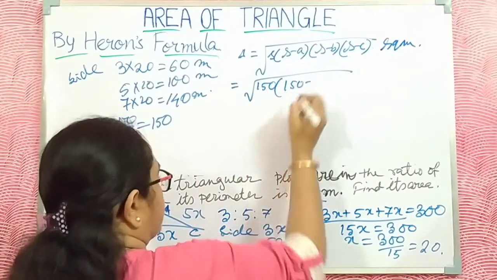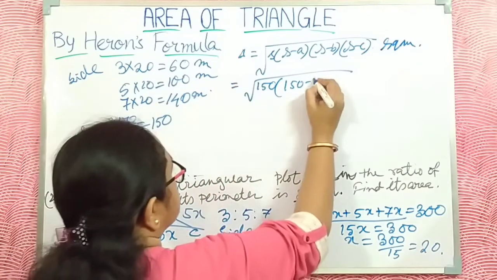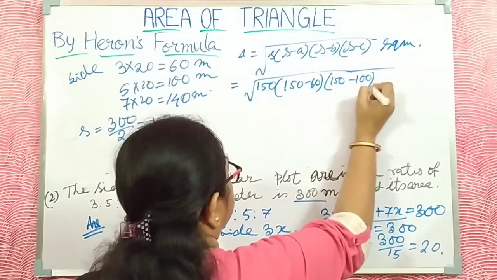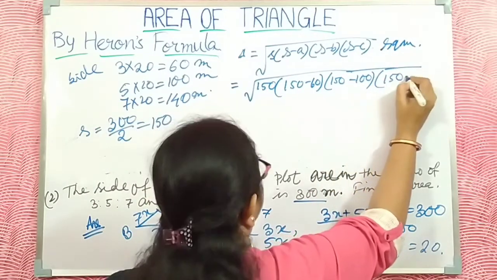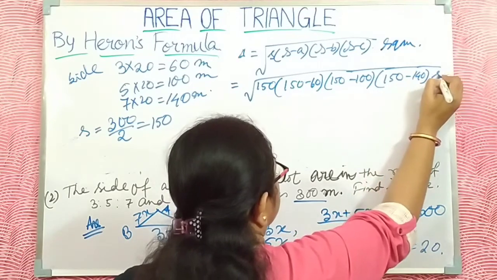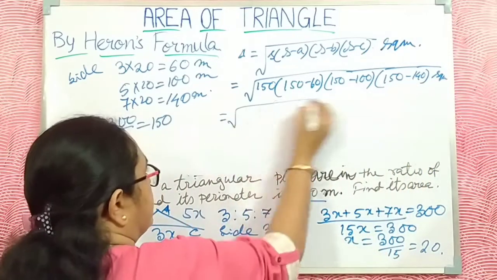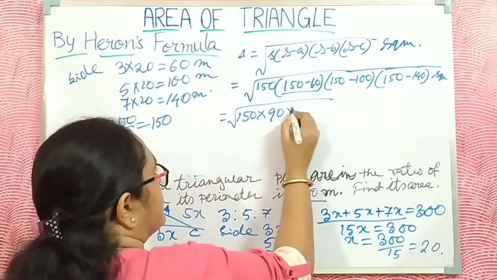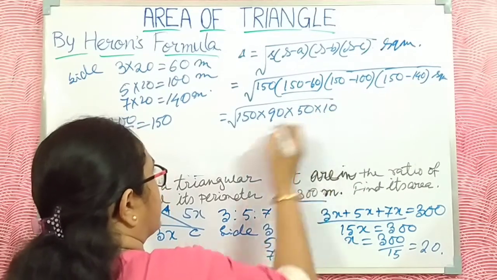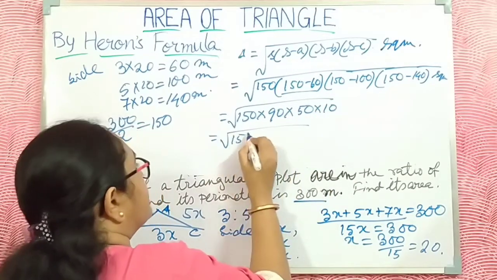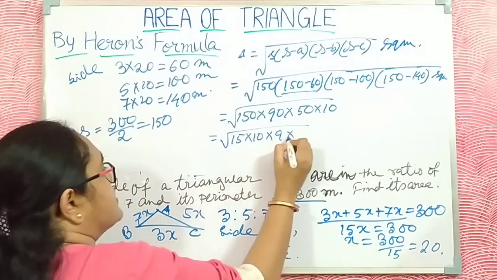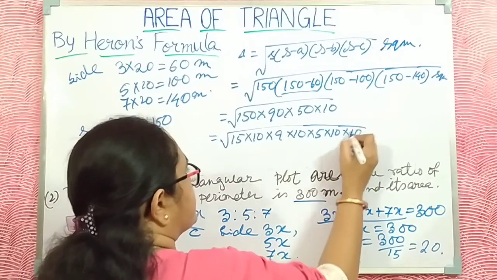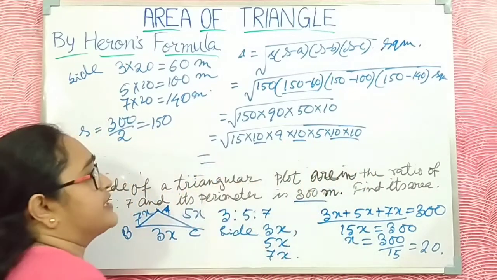Then this is 150 into 150 minus 60, and 150 minus 100, and 150 minus 140, square meter. Then after subtraction, 150 into 90 into 50 into 10. We write 15 into 10, 9 into 10, 5 into 10, and 10 is present here. How many tens are there? 4 tens are there.